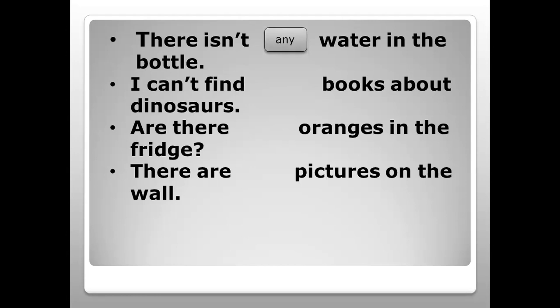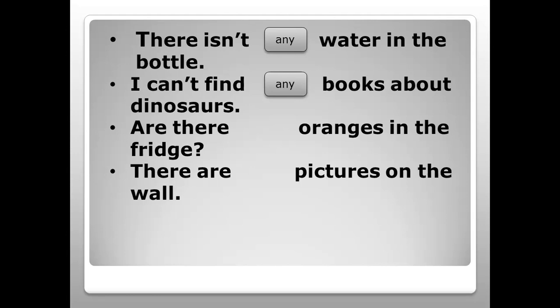Okay, the second sentence. I can't find some or any box about dinosaurs. I can't is positive or negative? Yeah, it's negative. So I can't find any box about dinosaurs. Number 3.